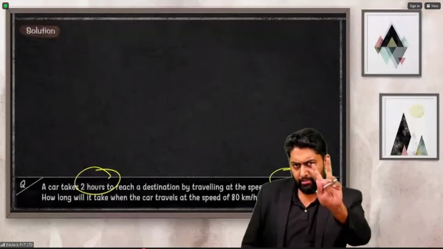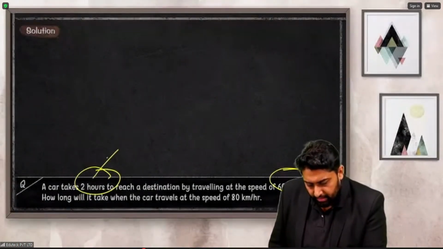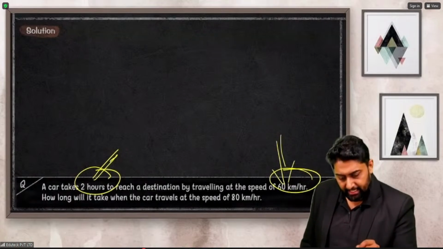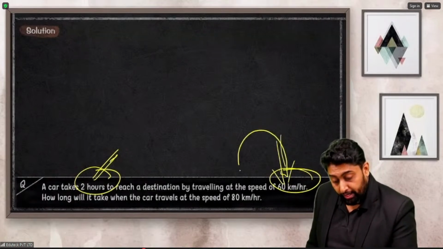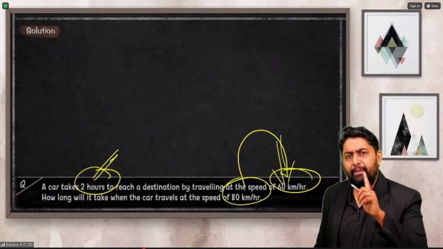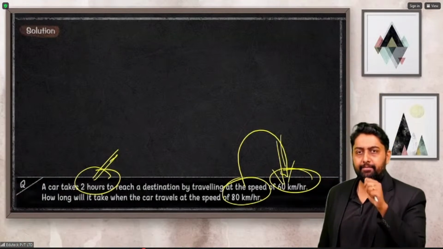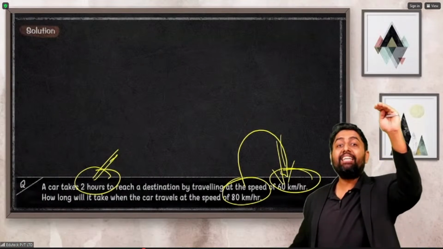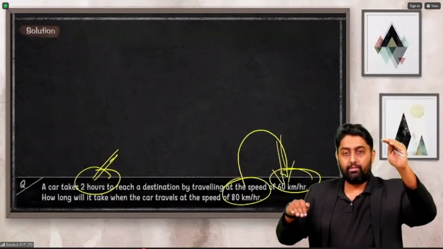So we are talking about two things. What is that? Time and speed. It says instead of 60, what if the car runs at a speed of 80 kilometers per hour? What has happened to the speed? Has it increased or decreased? Increased. So if one quantity has increased, the second has to decrease.